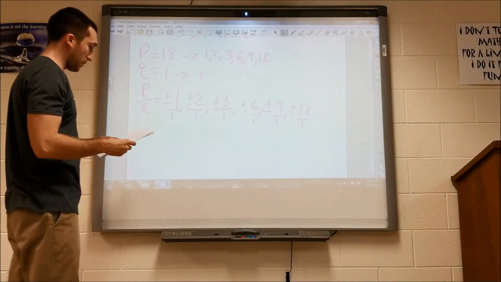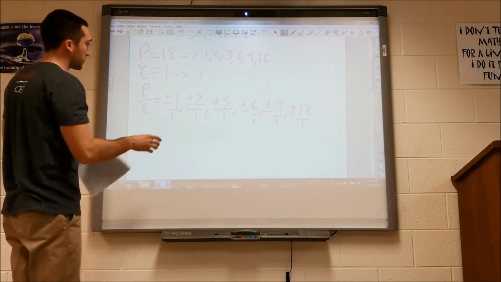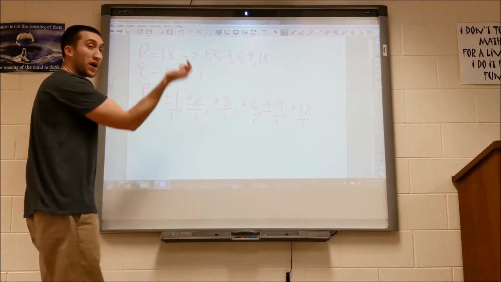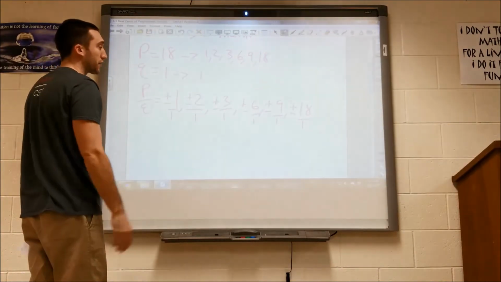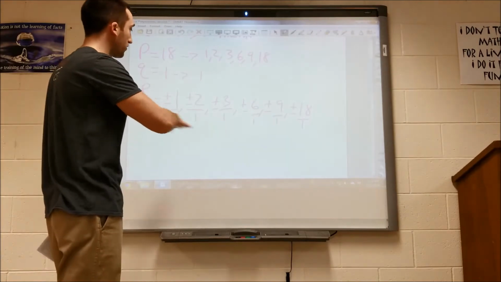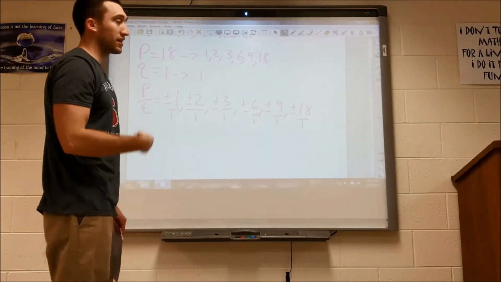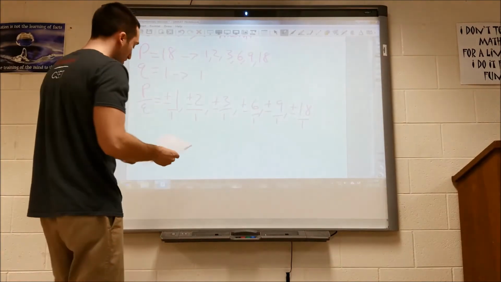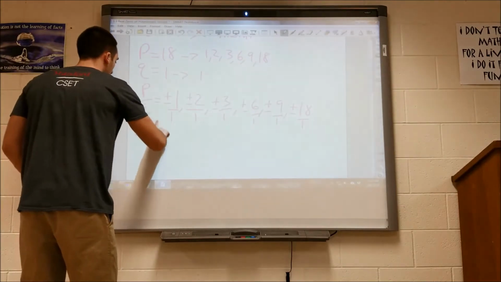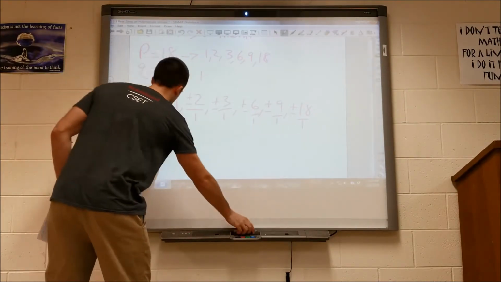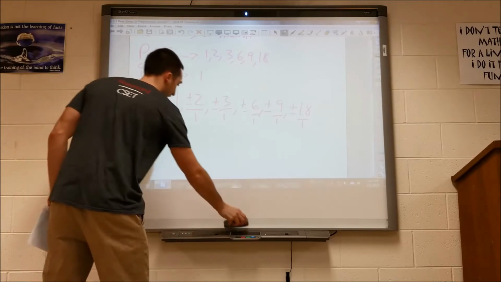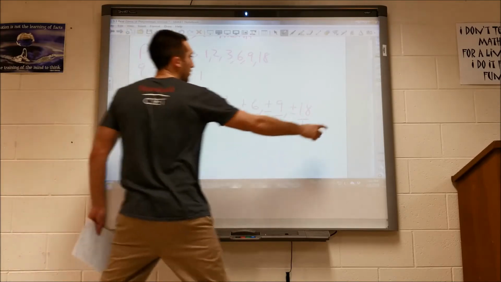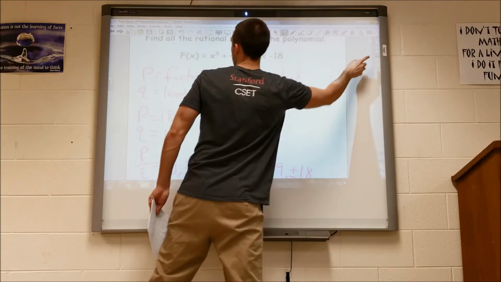So now my first step is to substitute the possible zeros into my original equation and see if we can find one of these zeros that sets my equation equal to 0. So I'm going to try f of 1, right, our original equation here.